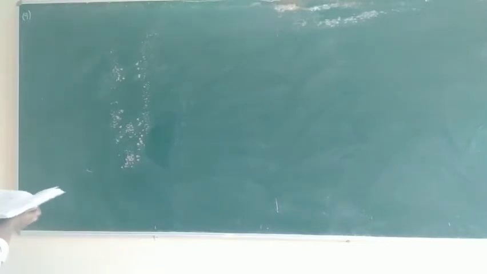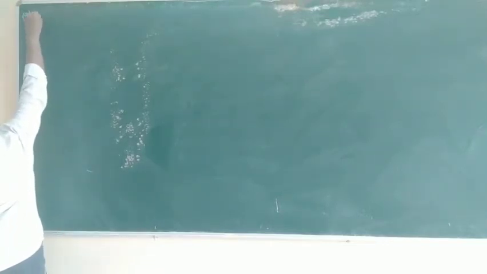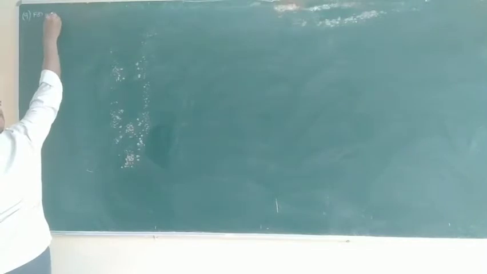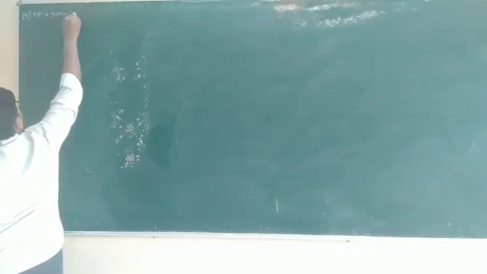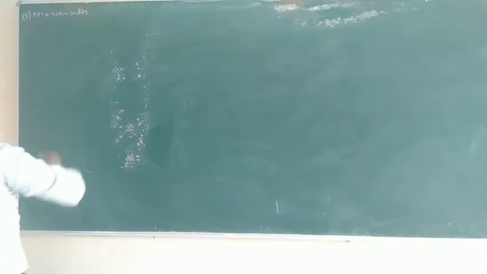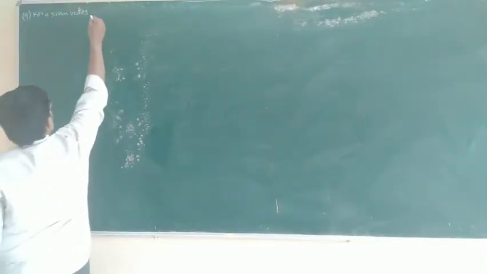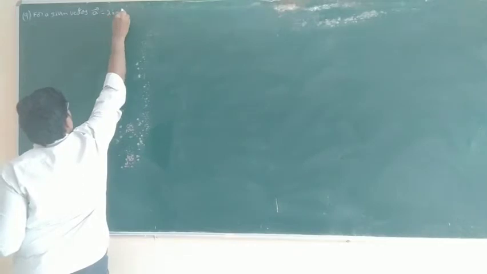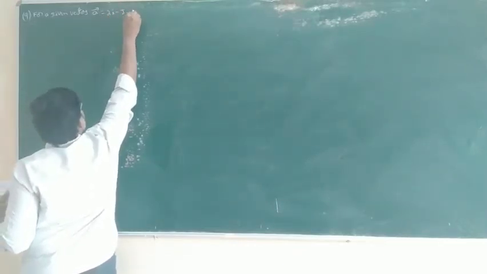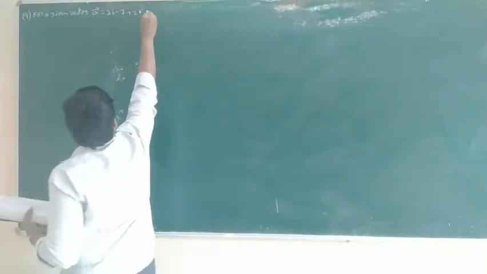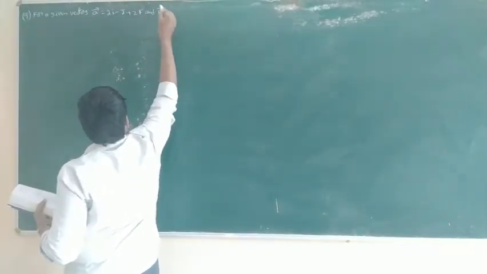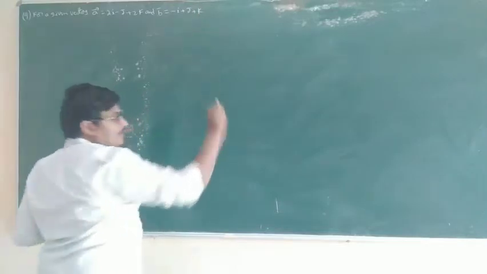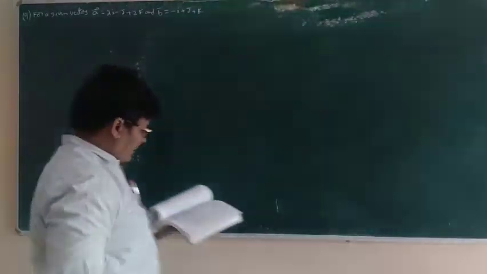For given vectors a bar is equal to 2i minus j plus 2k, and b bar is equal to minus i plus j plus k.